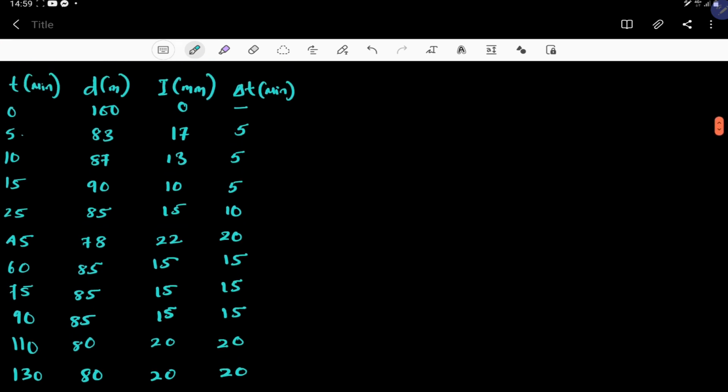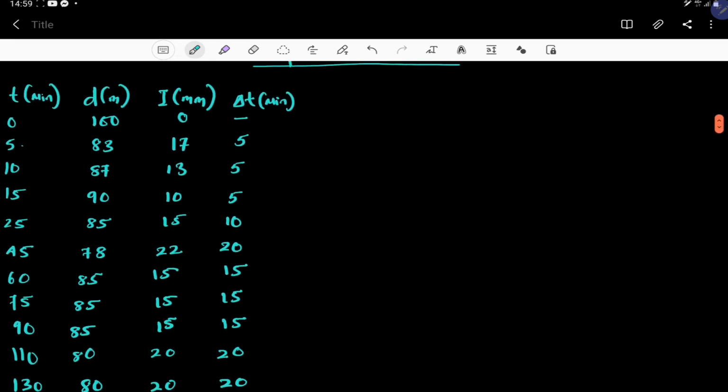Now let's calculate the infiltration rate. I'm writing this as F, capital F, and the unit is mm per hour. So how do we calculate this infiltration rate?